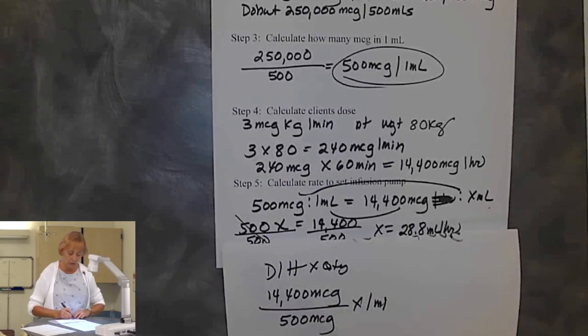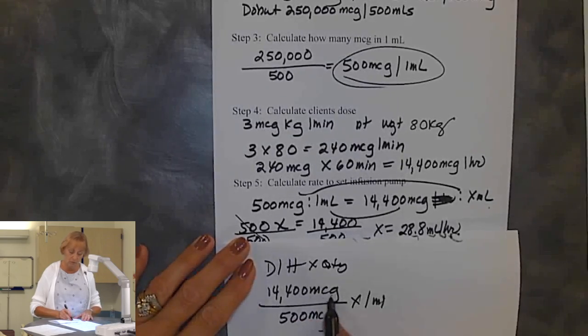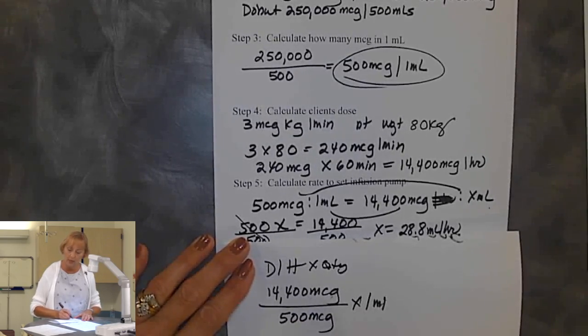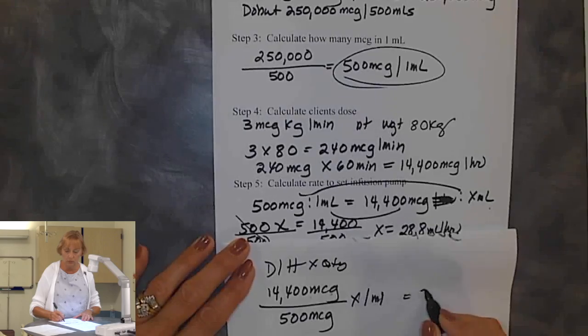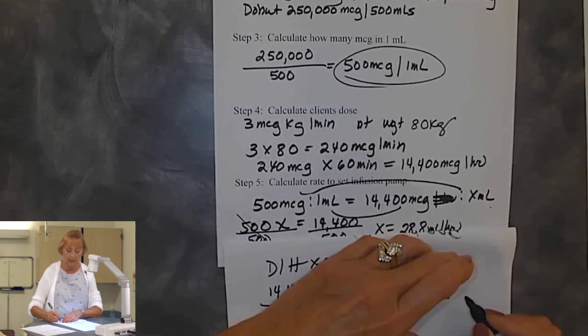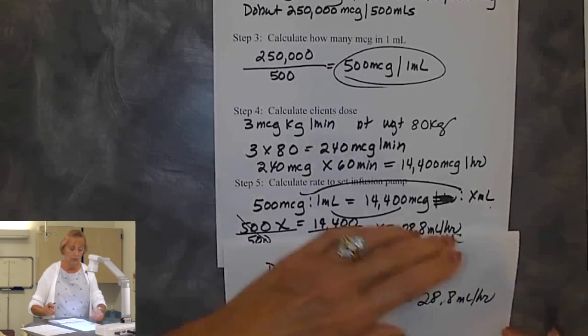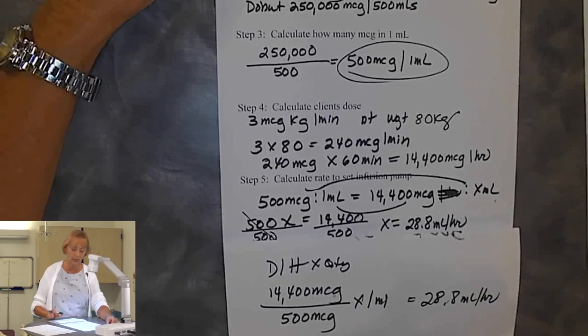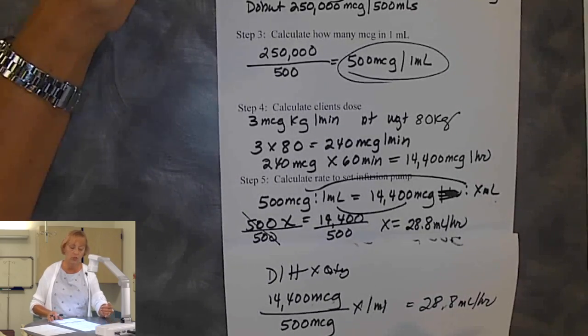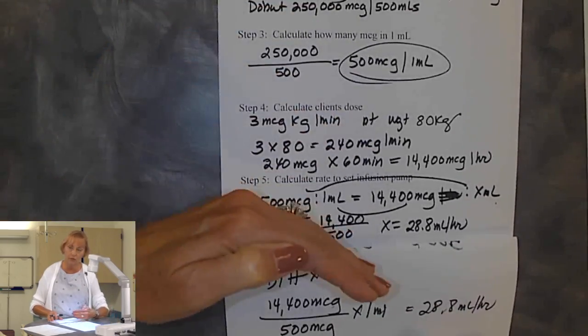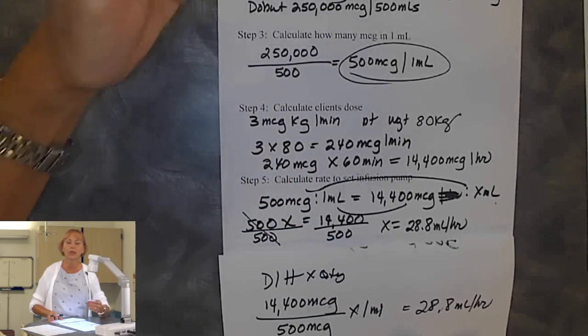So if you take your 14,400 and divide it by 500, you come up with the same answer, which is equal to 28.8 mLs per hour. So those are two ways to solve that same problem, but my recommendation is learn the steps to follow so that you don't leave anything out, and always go back and look. So you're going to look at, remember, you've got weight on this one, and on the diltiazem drip, there was no weight involved. So you just have to pay close attention.